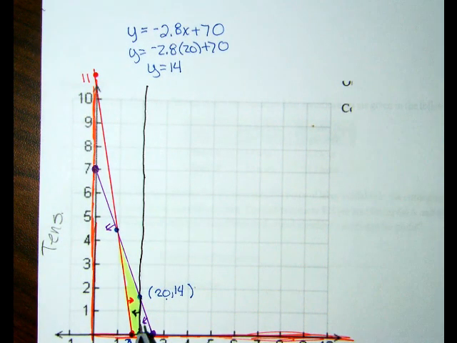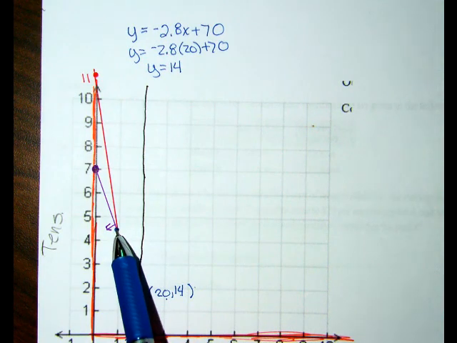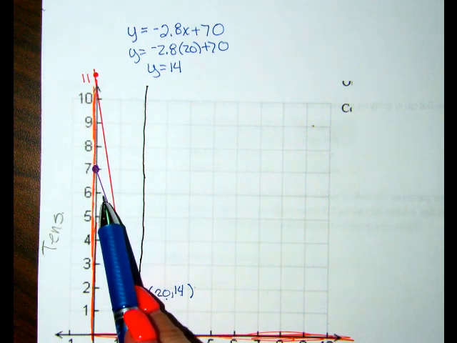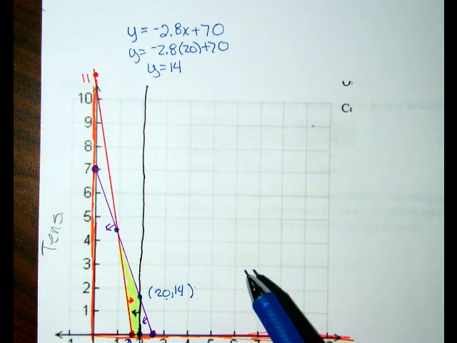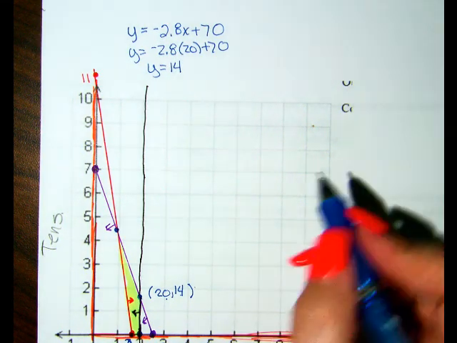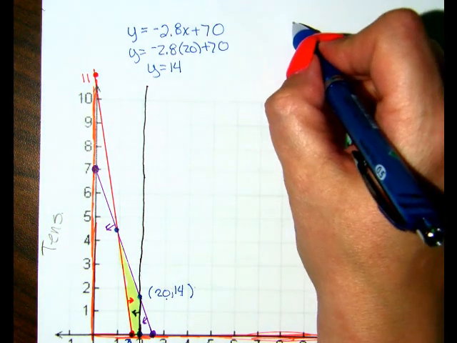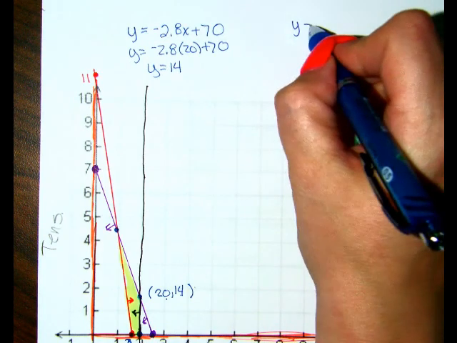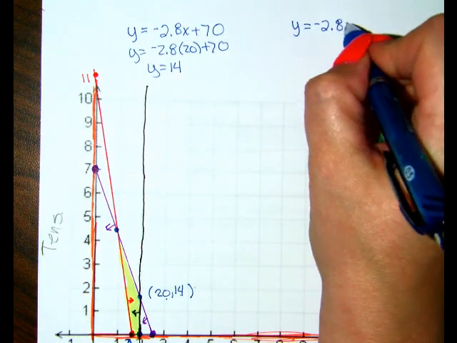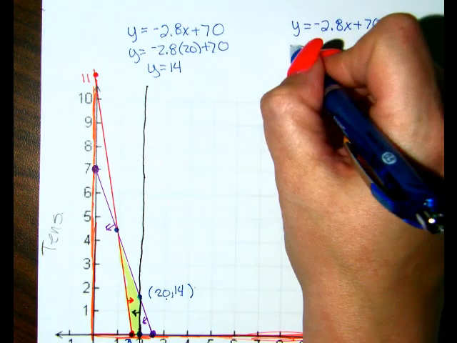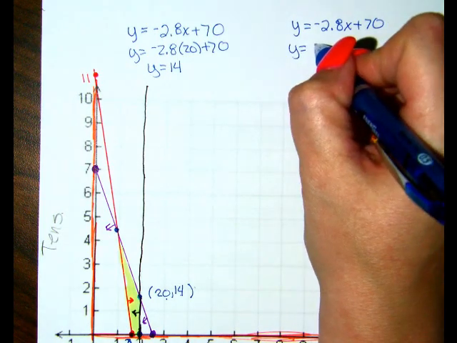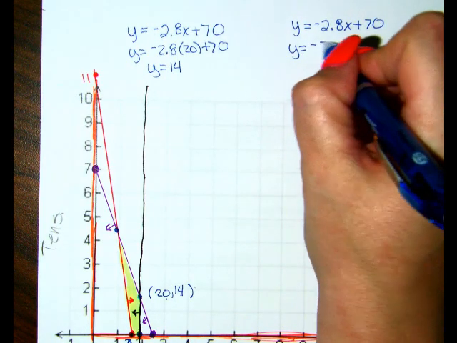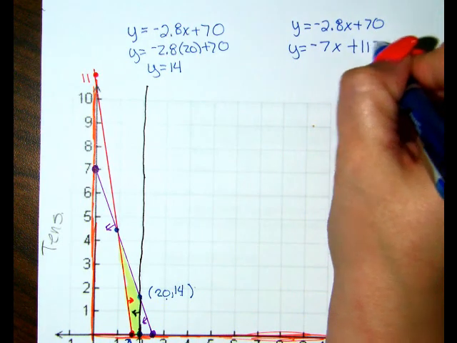My final vertex happens between my first two constraints, my red and my purple. To figure this out, I have to use systems of equations. So I have to set up y equals negative 2.8x plus 70 and y equals negative 7x plus 112.